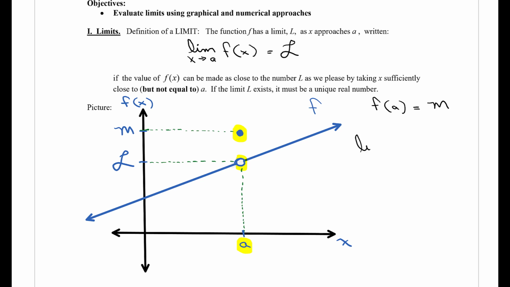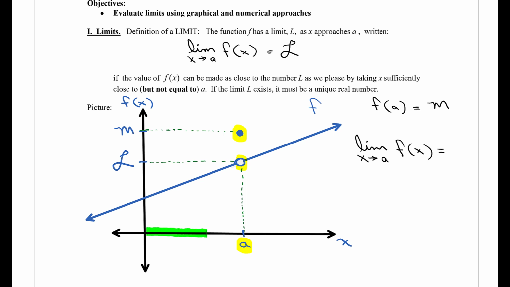Now if I wanted to find the limit as x approaches a of f of x, I would need to focus on the left-hand sided limit and the right-hand sided limit to see what value of y we're approaching as we get close to a from the left and from the right.